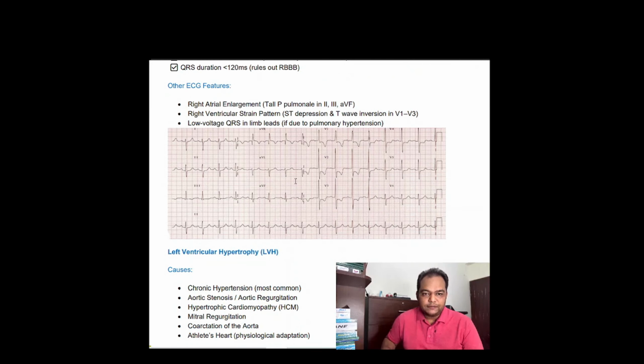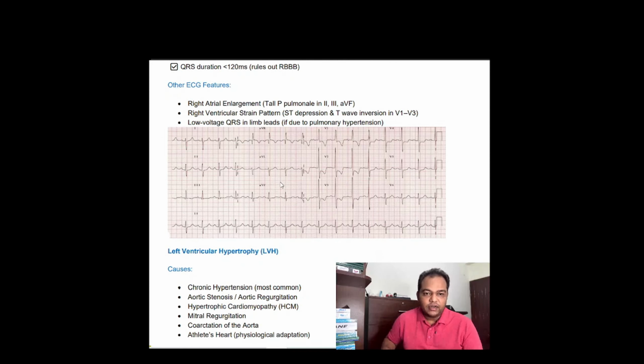Now we can see the right ventricular hypertrophy ECG. This is the dominant R wave in V1. R wave is obviously more than 7 small squares here.